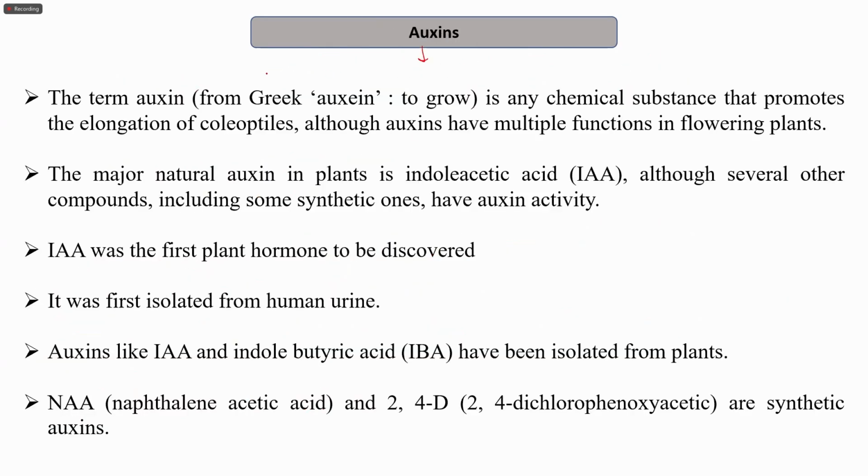Auxin, as we know, was firstly discovered by Darwin and his son Francis, who observed phototropism in the plants.